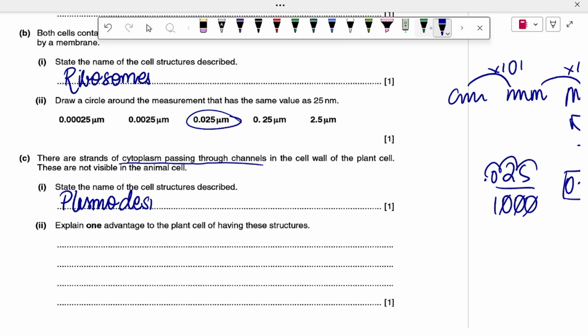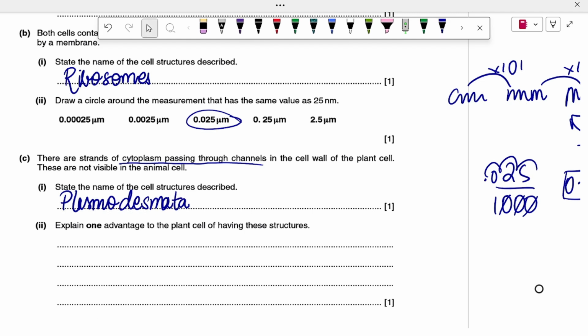Plasmodesmata के जब हम स्ट्रक्चर डिस्क्राइब कर रहे थे तो हमने मेंशन किया था the strands of cytoplasm. Extend one advantage to the plant cell of having these structure. इसका advantage क्या होता है? Rapid communication between the adjacent plant cell, most common. या फिर transfer of substances from one cell to another.